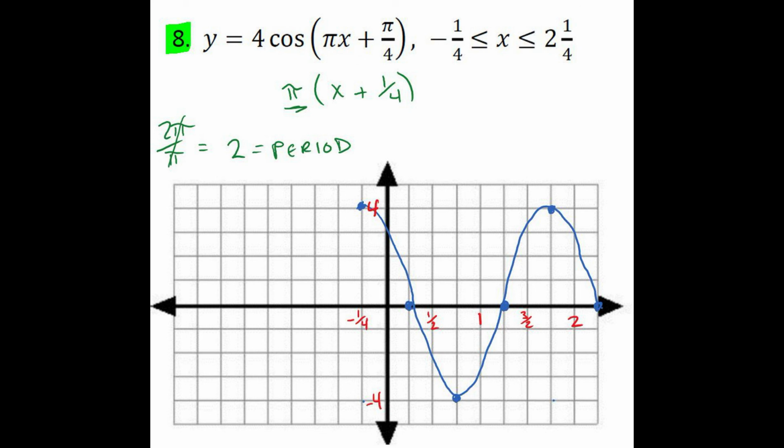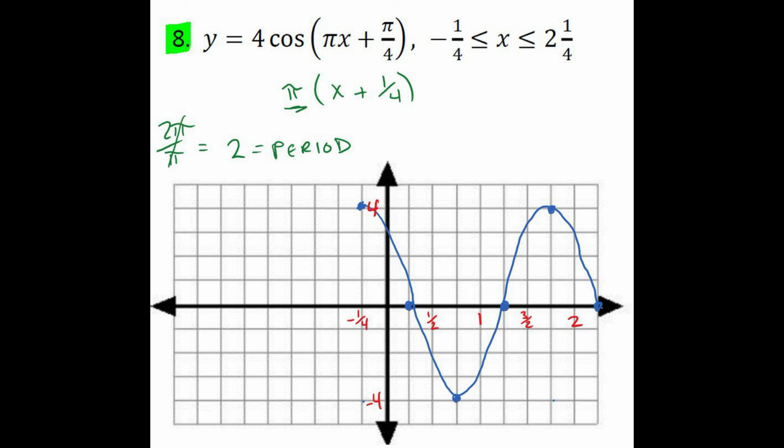So this is going to do a full up and down motion within 2 units. Okay, so that's your period. And now the horizontal shift, we get a +1/4. Okay, so what that means is we're going to shift it to the left just a 1/4 unit.